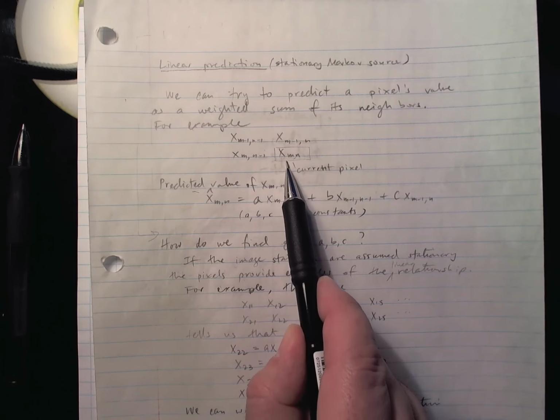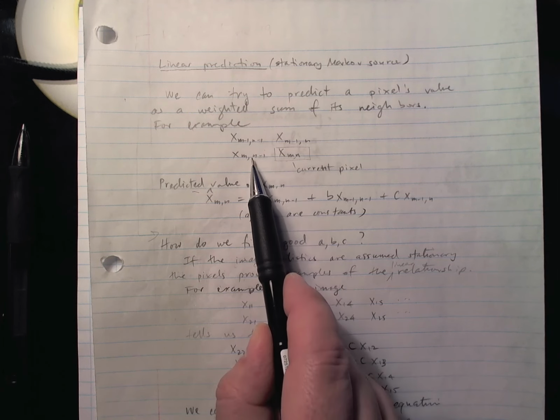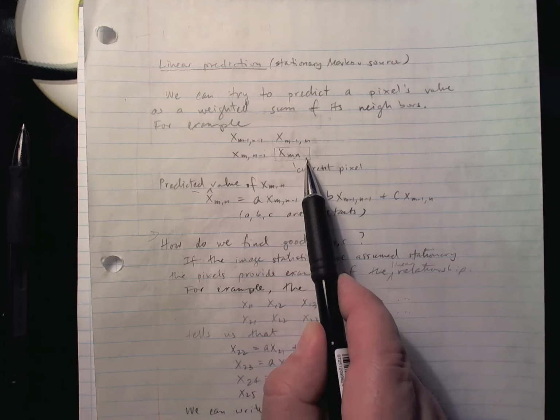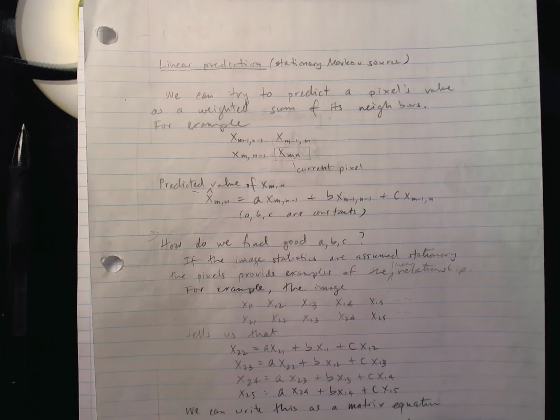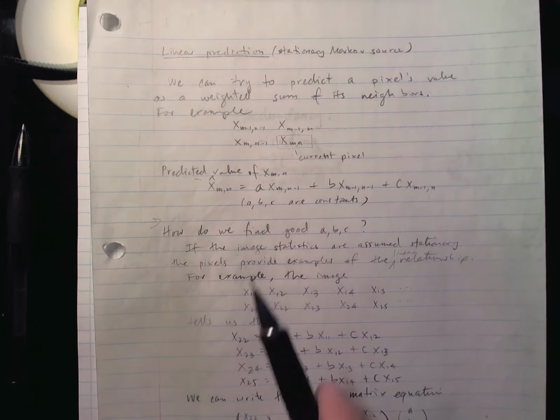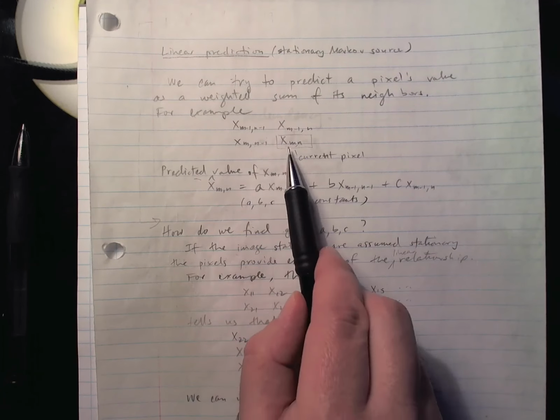And when we reach this pixel, we will only know the pixels previously sent. So that would be the one before it, the one in the row above it. We won't have received any of these yet, so we can't use them in that case. So this is called a causal neighborhood. This is called the causal neighborhood of that pixel.